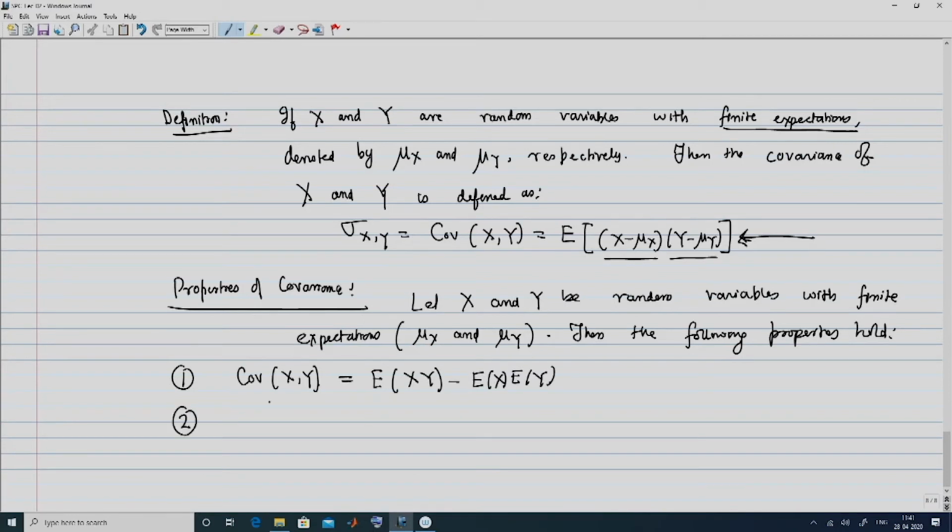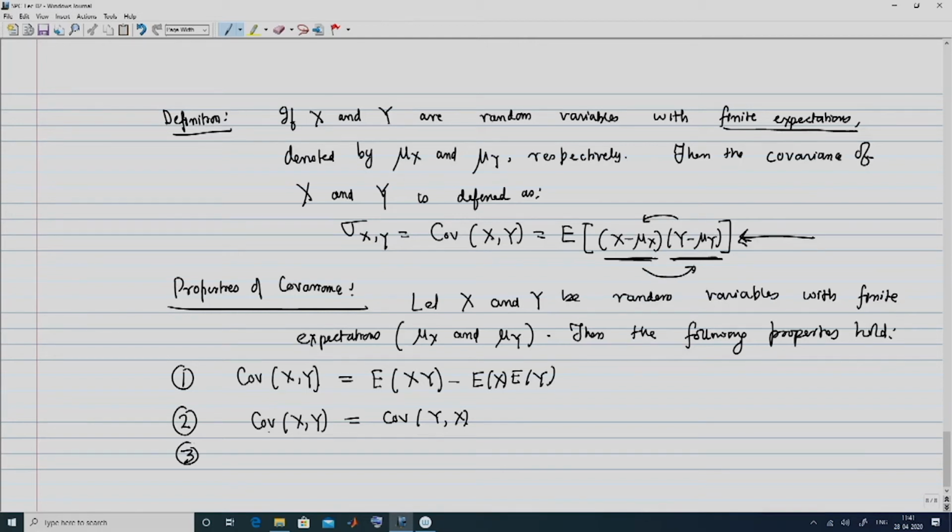The second property is that the covariance of x y is the same as covariance of y x. That is evident from the fact that covariance of x y is the expectation of the product of these two random variables, and covariance of y x is again the product of these two random variables with the positioning of y minus mu y and x minus mu x being simply exchanged.